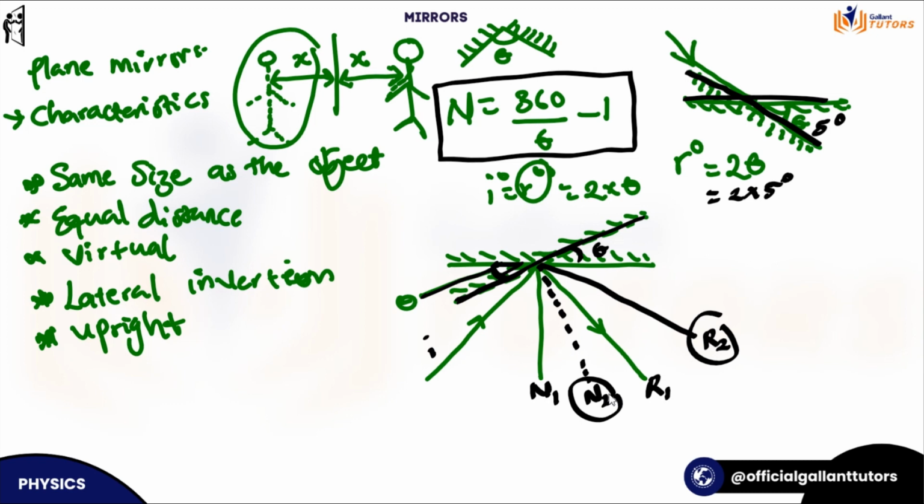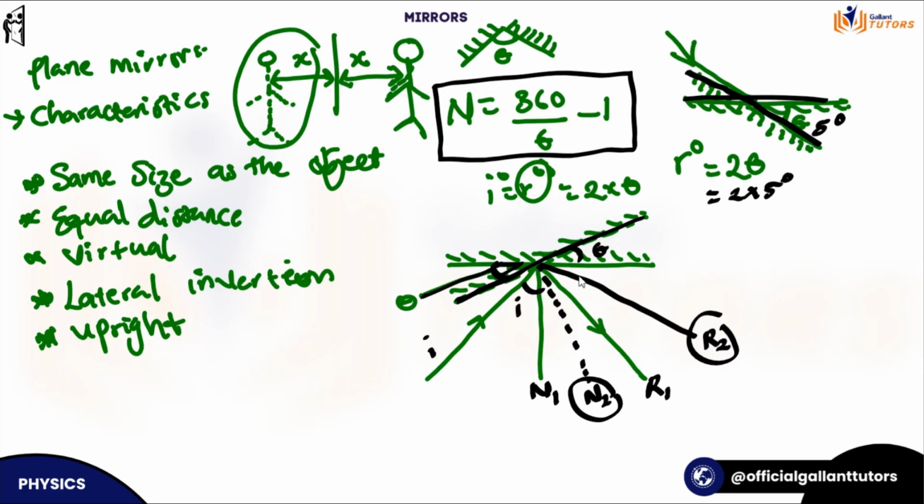Now, how do we know the angle? Before, we had an idea that this is i, and from here to here is r, or let's say i. But things have changed now.